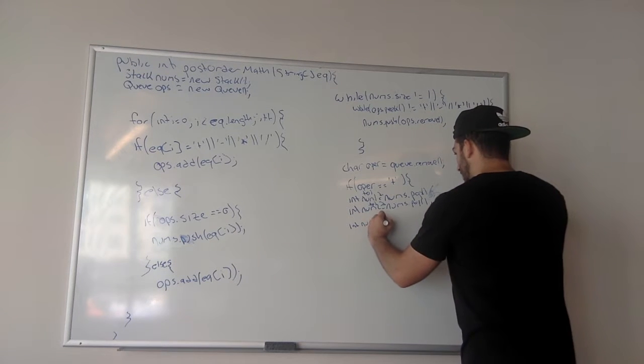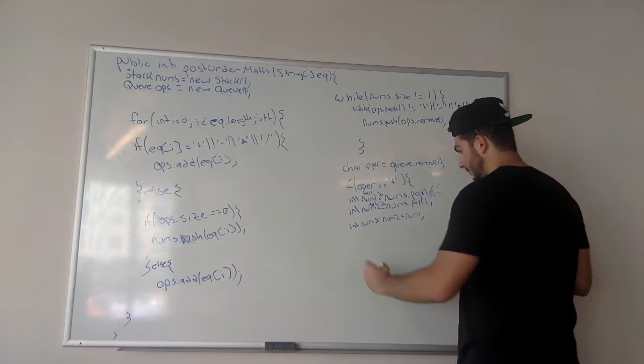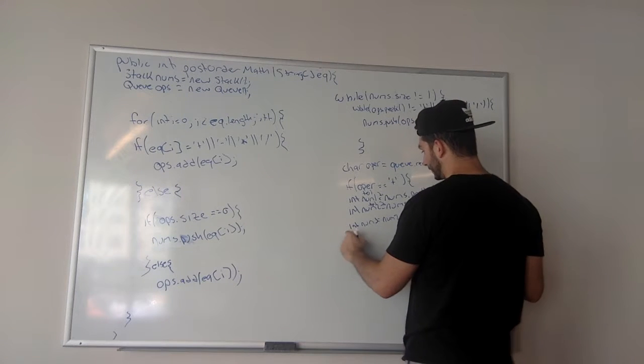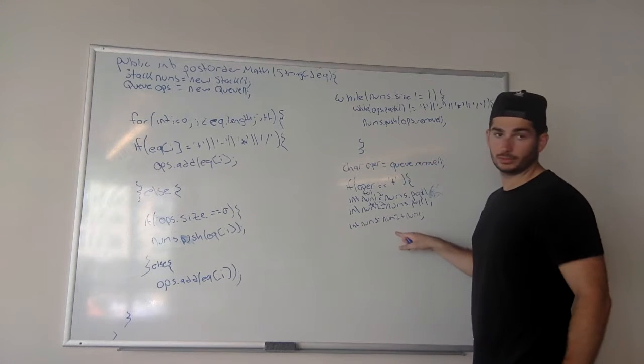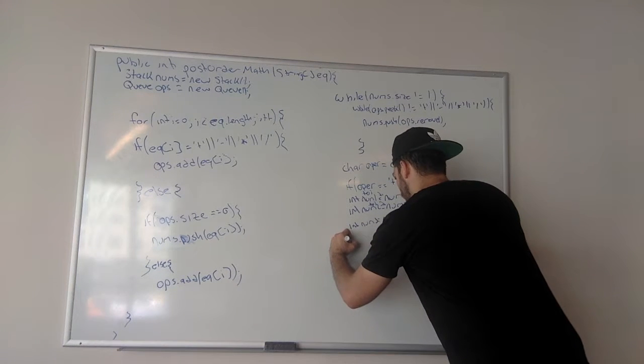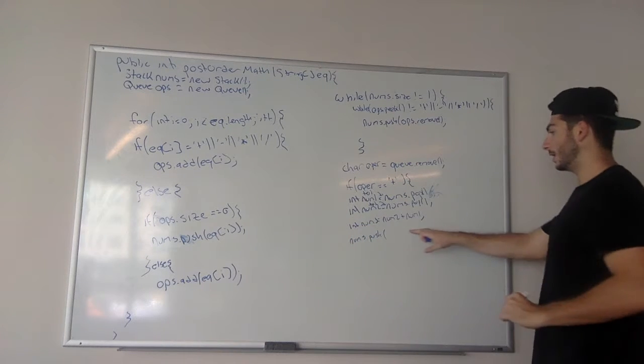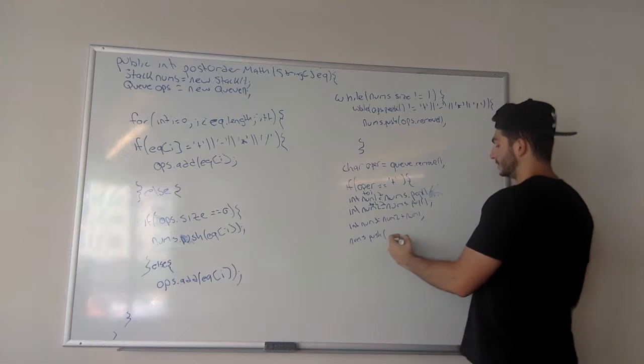So we're going to do num2 plus num1, and then we're going to push our result back onto the num stack. So nums dot push, and then this is an integer, so we're going to have to reconvert it to a string.